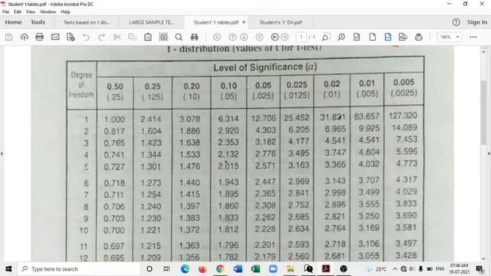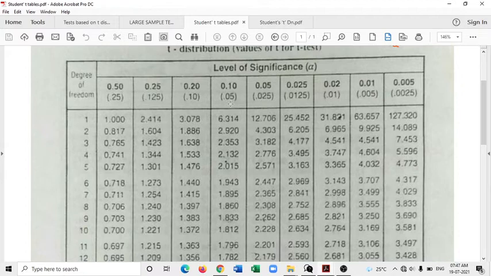There we have to take the 0.05 in the upper row, because the upper row probabilities represent two-sided areas. So even though we have 0.05 in the upper row and the lower row, there is a difference in the areas occupied. The 0.05 in the upper row represents the total area considering left and right sides, that is two-sided, and 0.05 in the lower row represents the area occupied on only one side.